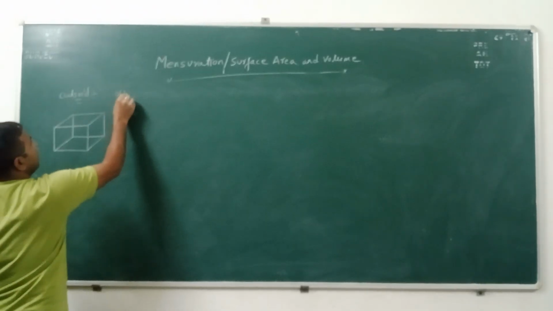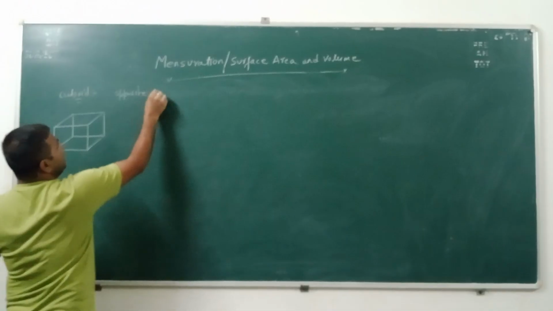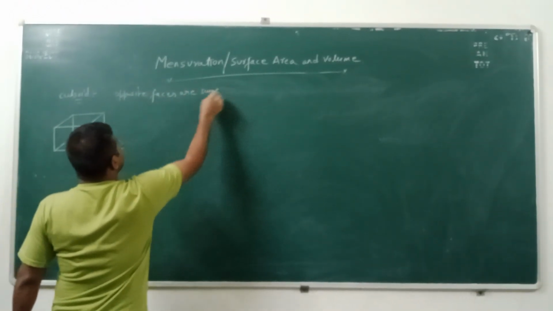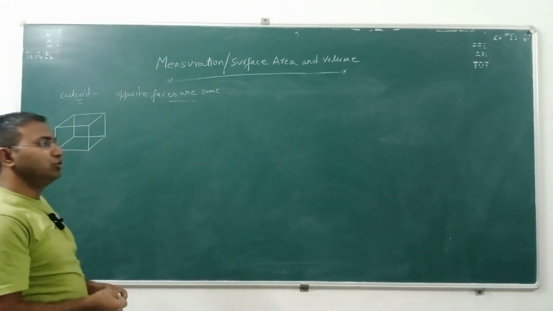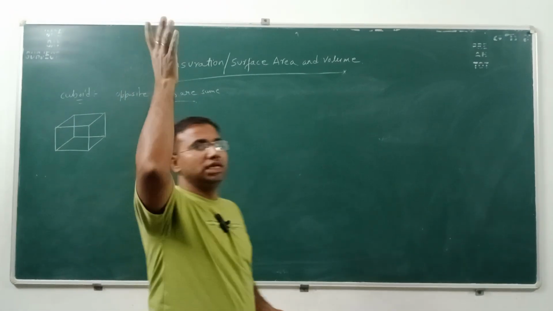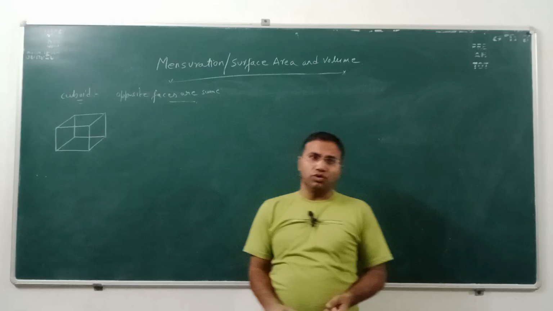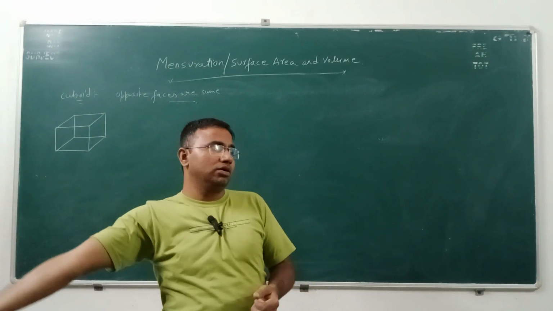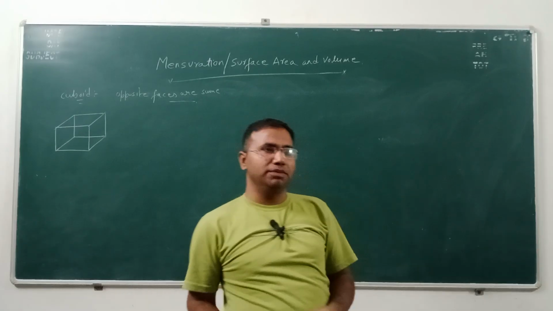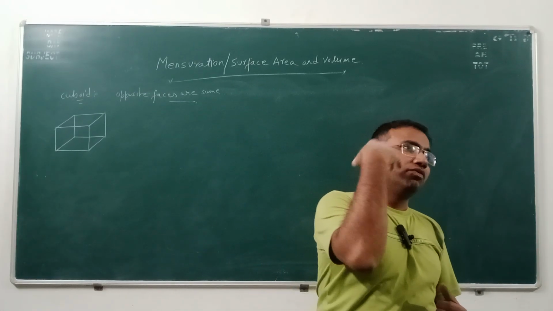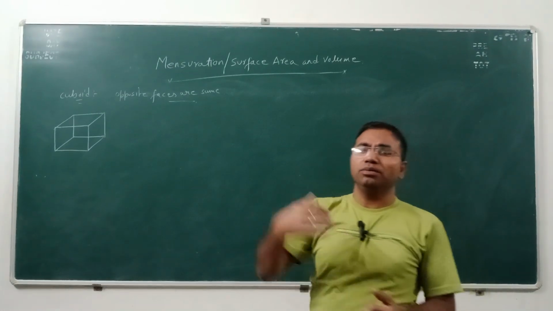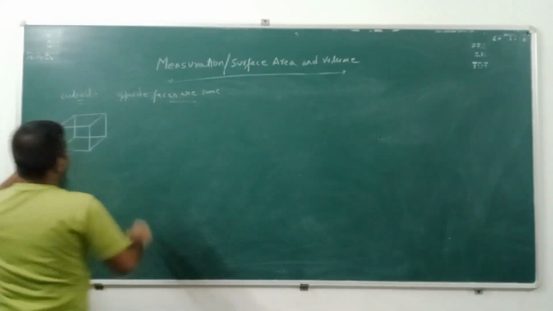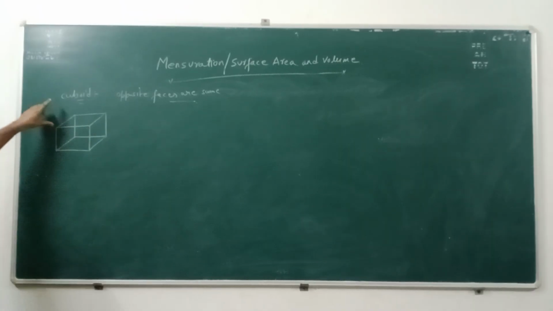Suppose you are standing in a room, then the face of the ceiling and the face of the floor will be same. The wall on the right hand side and the wall on the left hand side will be same, and the wall in front of you and behind you will be same. So here you can see, in a cuboid opposite faces will be same.